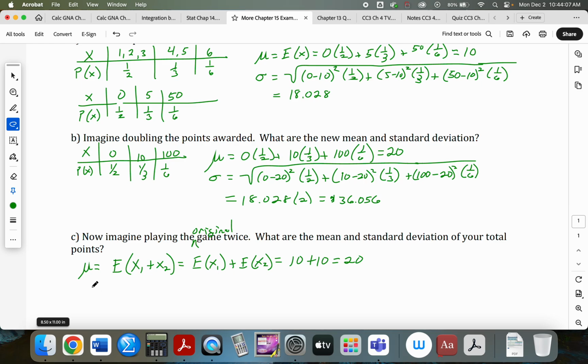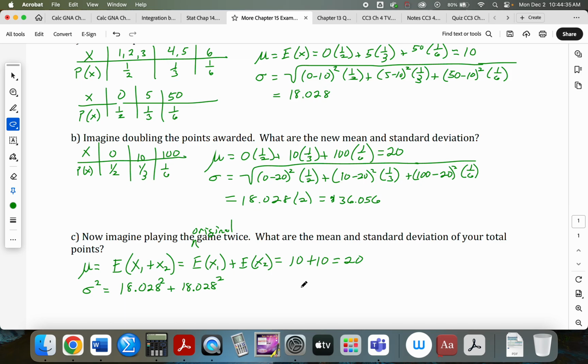So the standard deviation squared, that is the variance, is going to be 18.028 squared plus 18.028 squared.